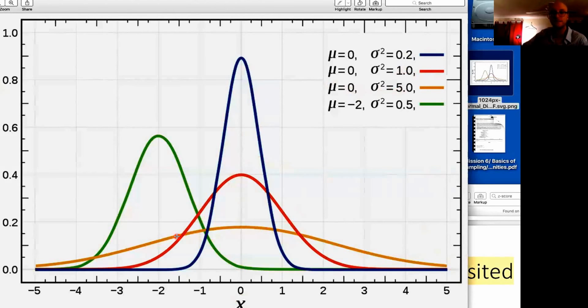So the point is, the blue, the red, and the green all have the same area under the curve. All that differs is that when we increase sigma, the standard deviation of the distribution, we are decreasing the height of this peak, or the center of the distribution.